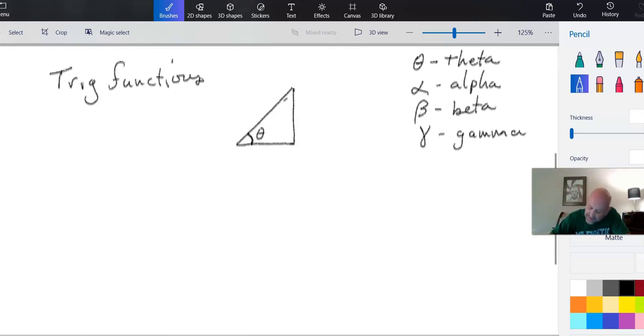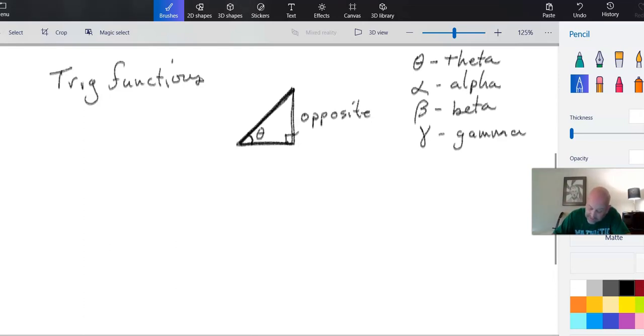And then these sides here, the side that the angle doesn't touch, right? So the sides of the angle are here. The side that isn't a side of the angle is called the opposite side. The long side of this is just the hypotenuse.